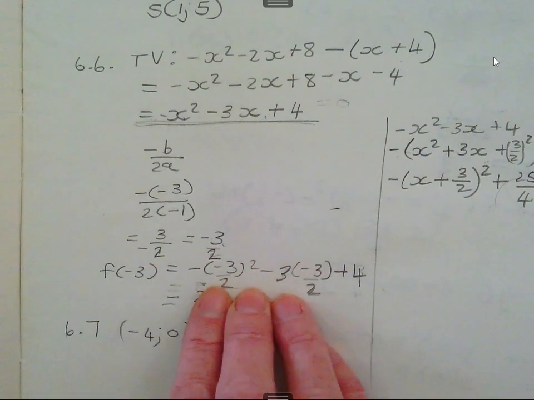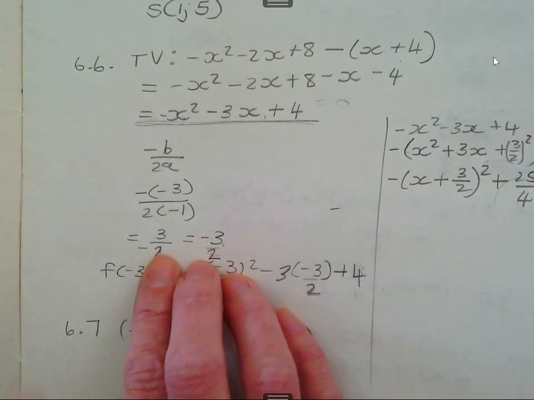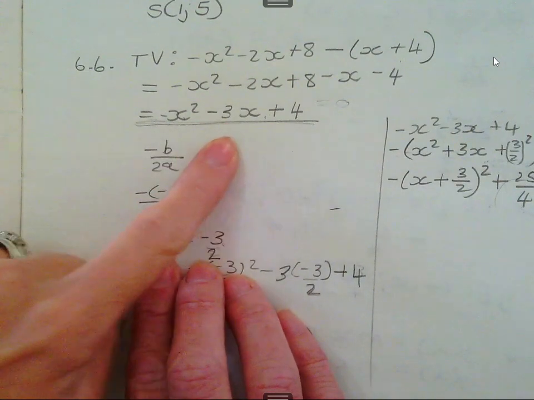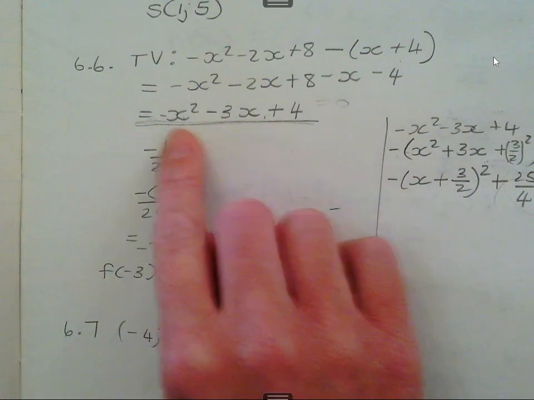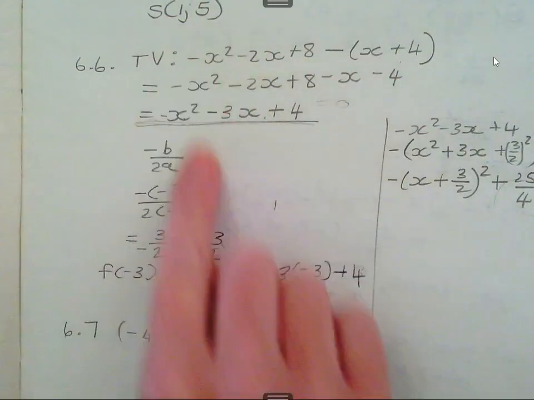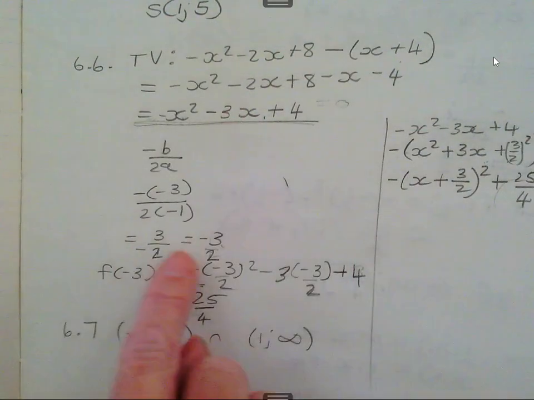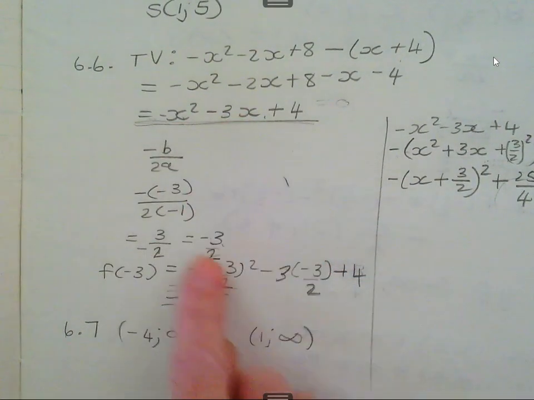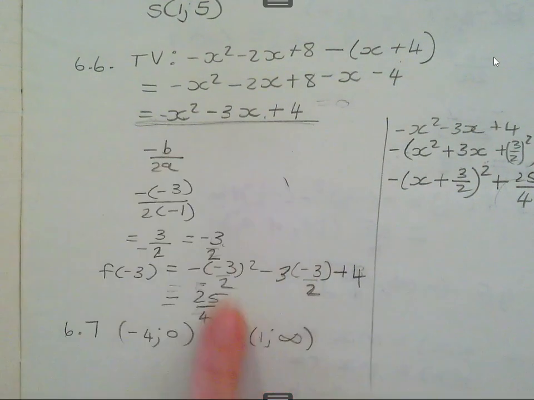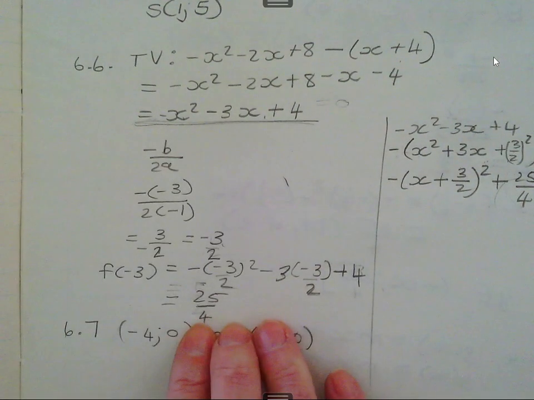And then I substitute the -3 over 2 into that parabola. So there was someone who asked in the previous class, can you substitute it into the straight line or into that one or into anything? No, you have to substitute that into this parabola because you're using P to find Q. Okay? And that's how you get 25 over 4.